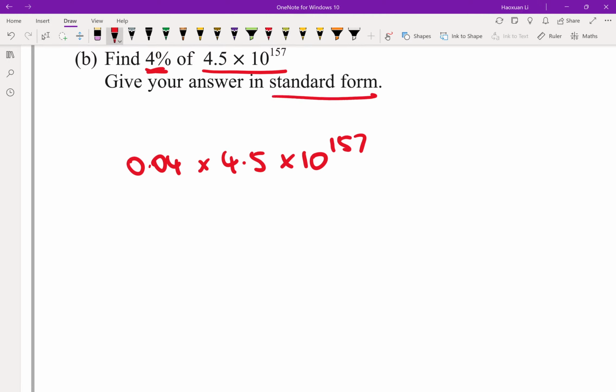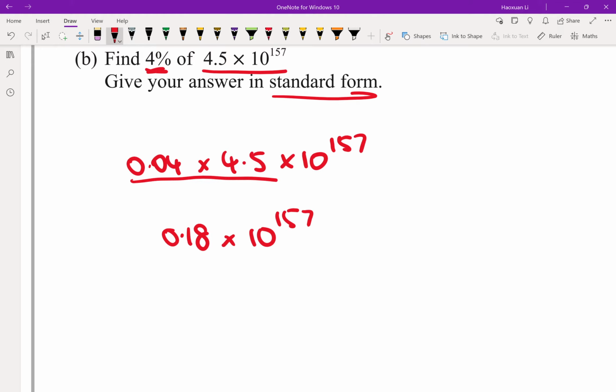Bear in mind that standard form is a single digit integer multiplied by 10 to the power of something, and the integer has to be between 1 and 10. So I simply work out 0.04 times 4.5, which is 0.18, times 10 to the power of 157.